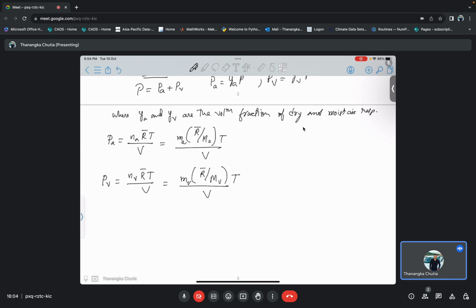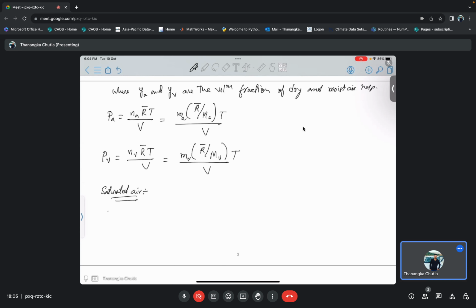Then we should also know another parameter, that is, what is saturated air. We all remember the salt solution, the sugar solution. When can we say that the sugar solution is saturated? Suppose there is a glass of water, and now you are adding sugar.